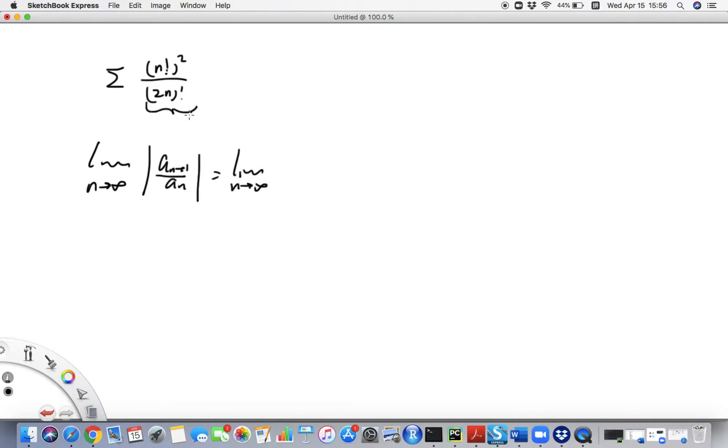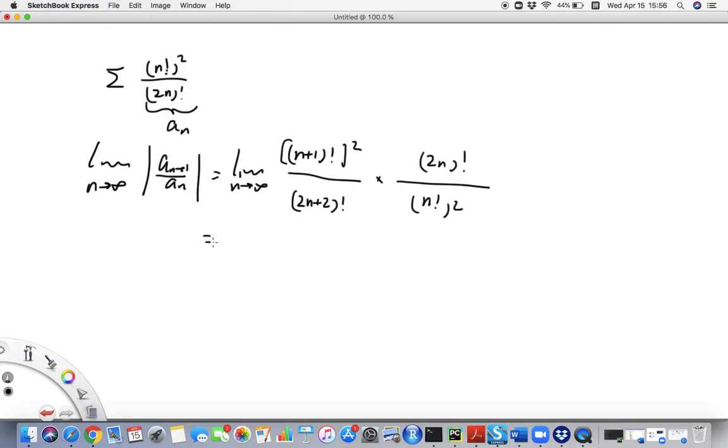So we let this be a_n, and this ratio will then be ((n plus 1) factorial) squared over (2n plus 2) factorial, times (2n) factorial over (n factorial) squared.